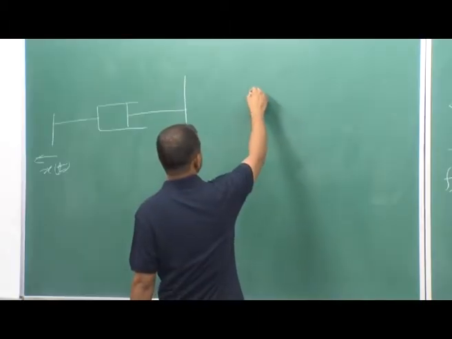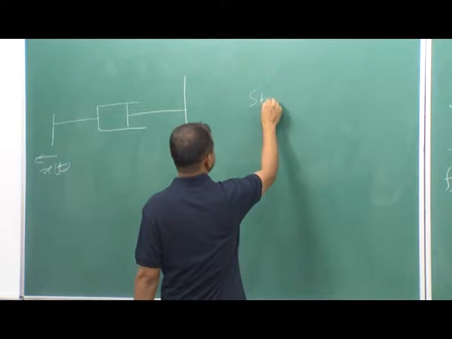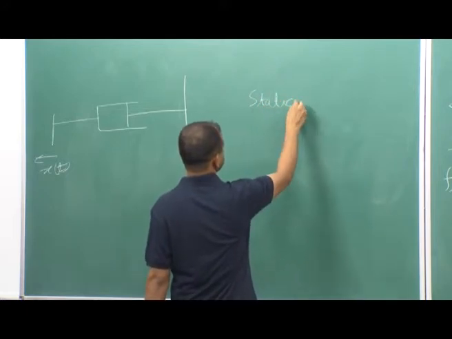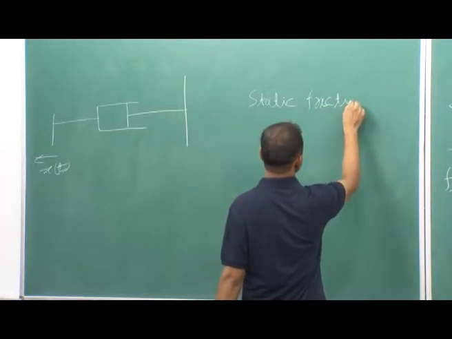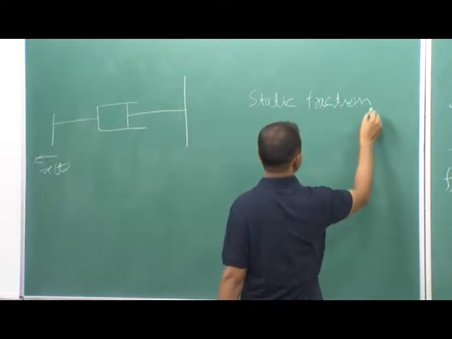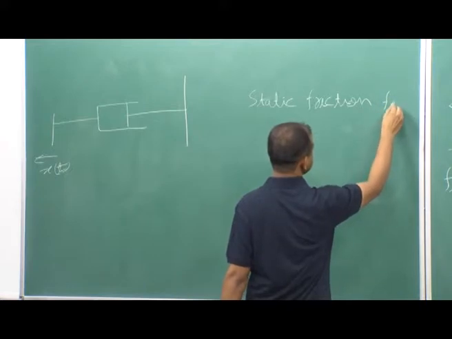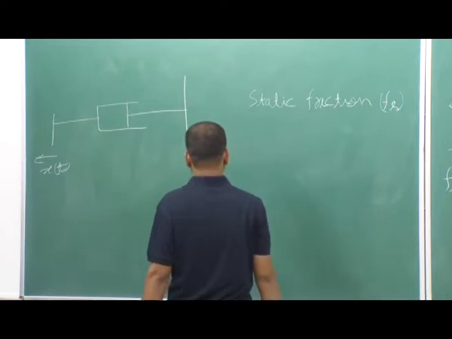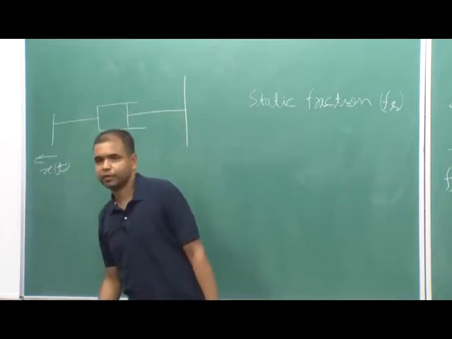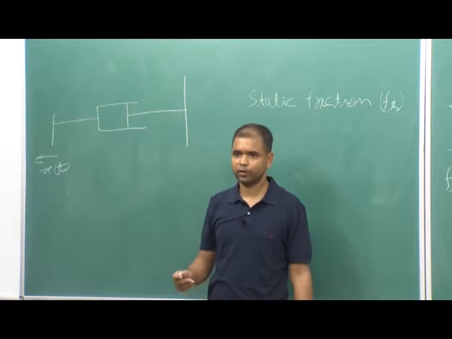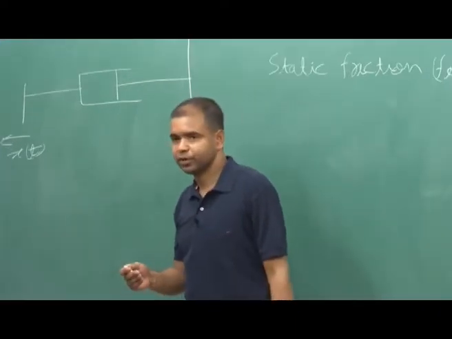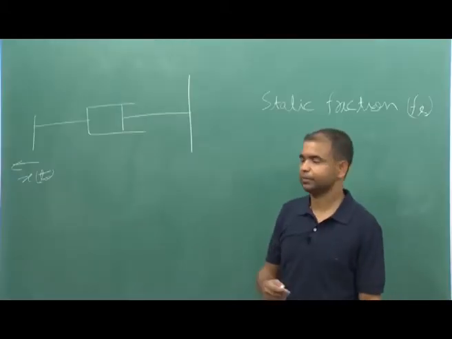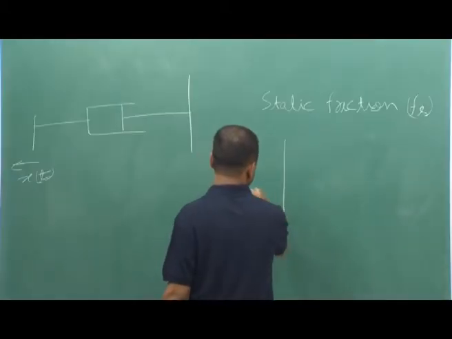The first is static friction, F of S. Static friction is realized when we apply a force on a body just before the movement. Once the body starts moving, this friction disappears, and if I plot it, it will be something like this.